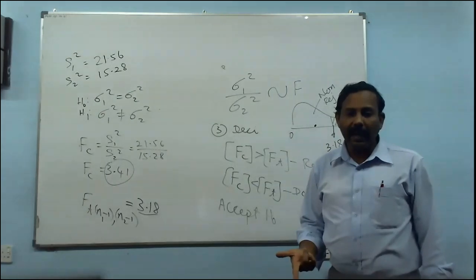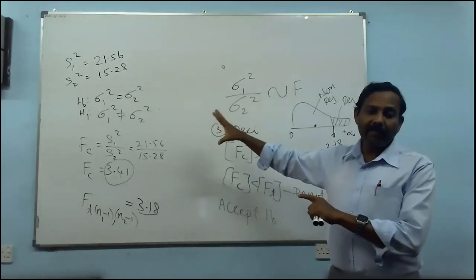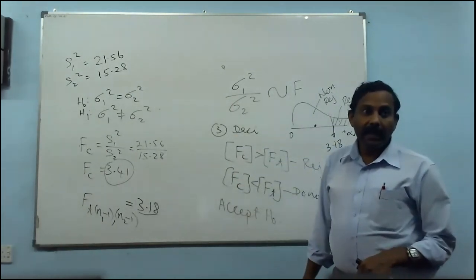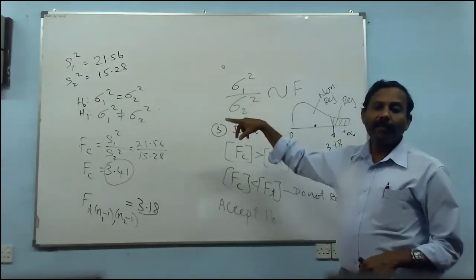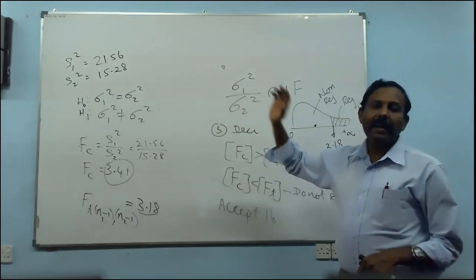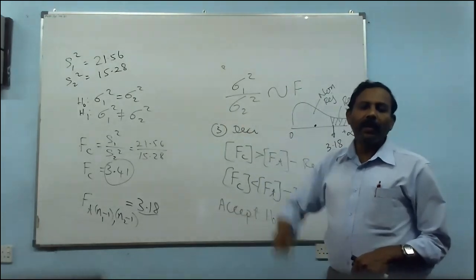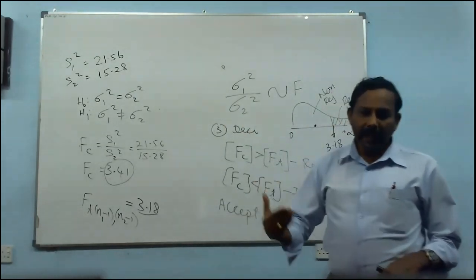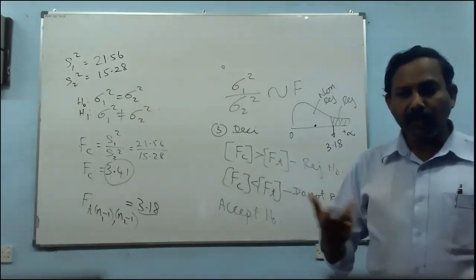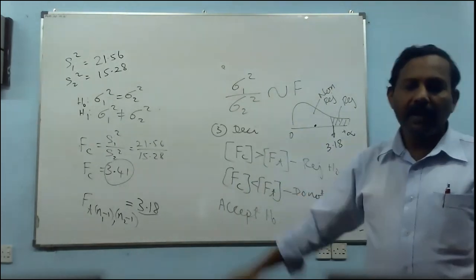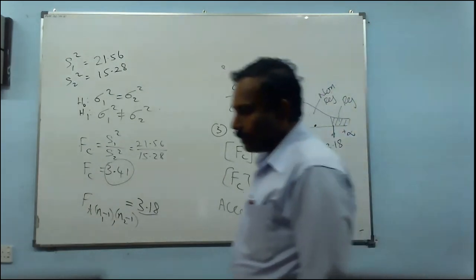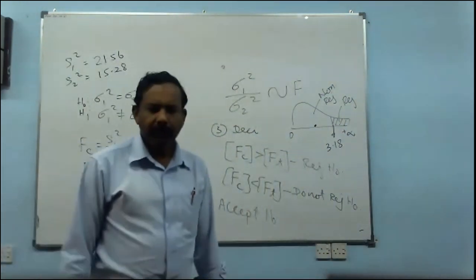If you reject the null hypothesis, the procedure that we have taken cannot be processed, because the assumption of equal variance cannot be assumed further. That means we are rejecting our null hypothesis, accepting our alternative hypothesis, assuming that there is a difference between these two variances. If there is a difference, then we cannot go through the same procedure. Is it clear?